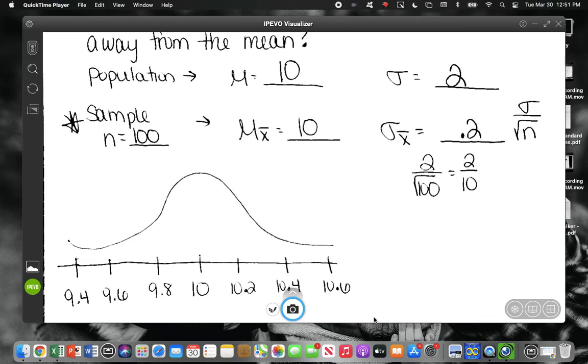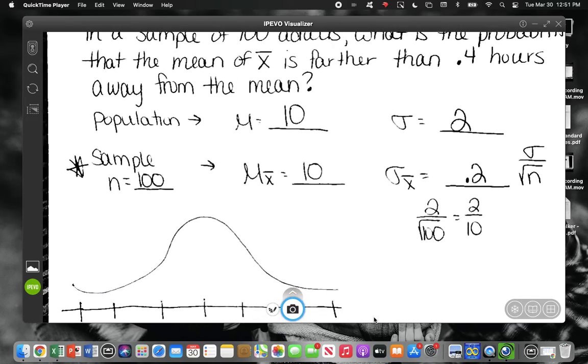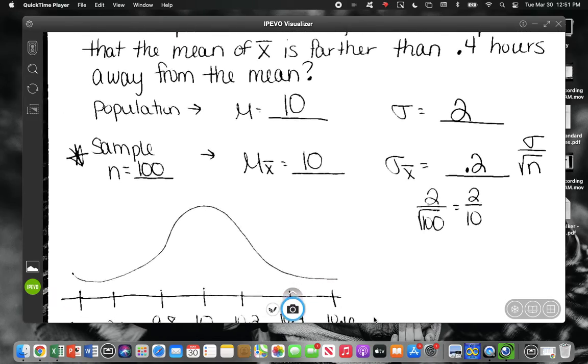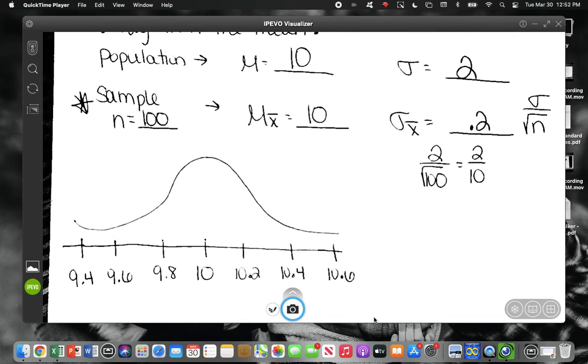All right, now, where do you think we should shade here based on the question? It says we want to know when the mean is farther than 0.4 hours away from the mean. So what's it mean if it's farther than 0.4? What do you guys think? All right, anything that's above 10.4?